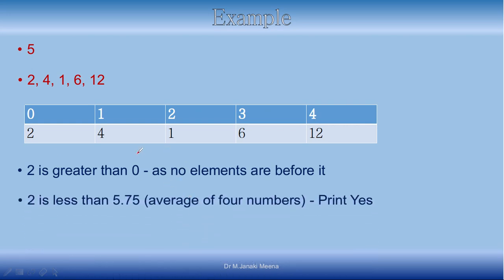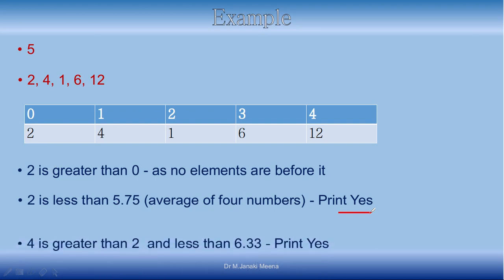Next you have to see the average of the numbers that are occurring after it. The average of 4, 1, 6, 12 is 5.75, and 2 is less than 5.75, so we should print yes for this.